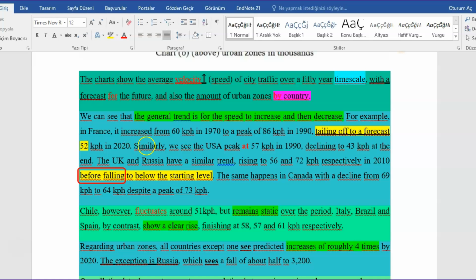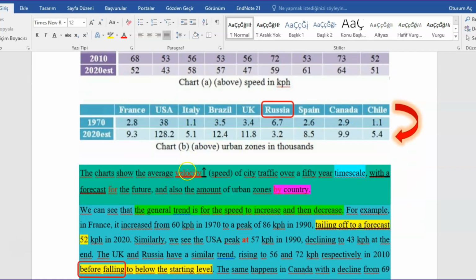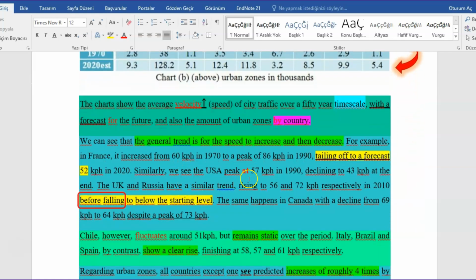Okay, similarly, likewise, we see that the second column, the USA, peaked at 57 kph, kilometers per hour, in 1990, declining to 43 kilometers per hour at the end.